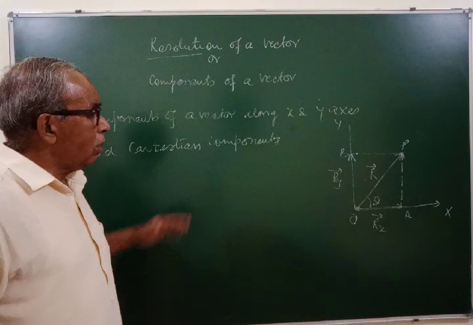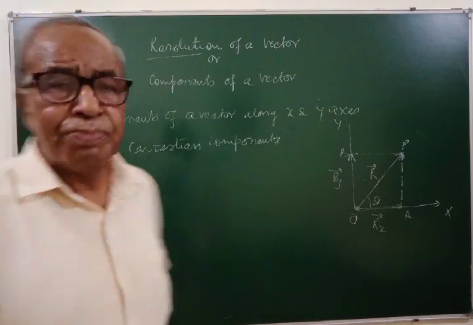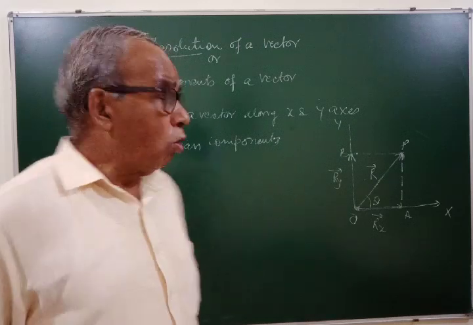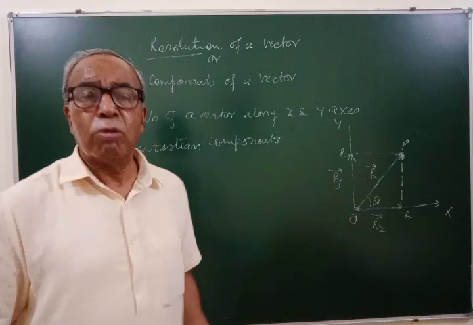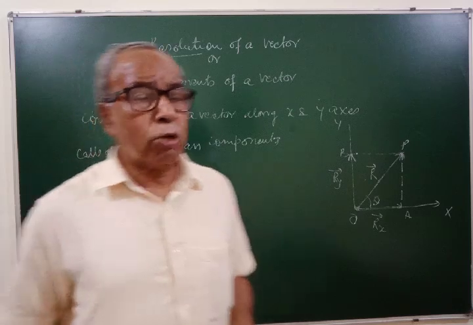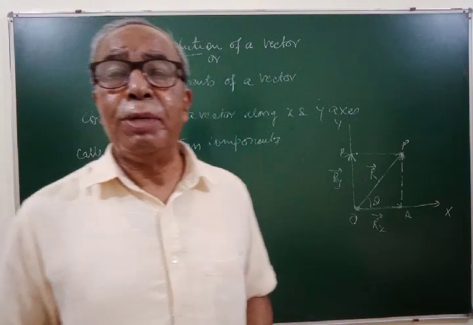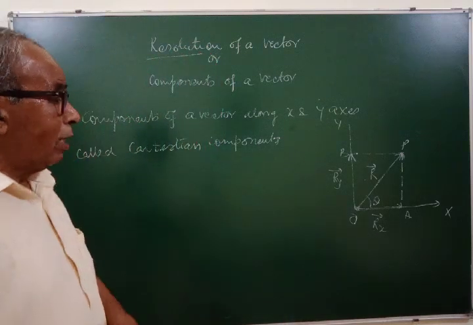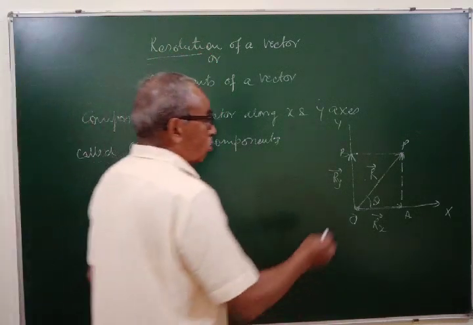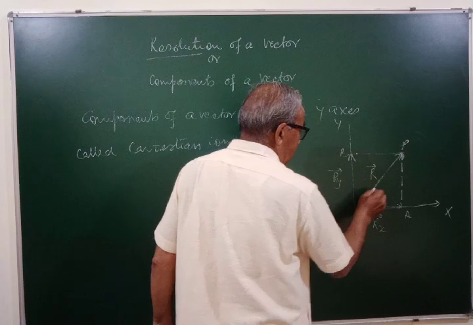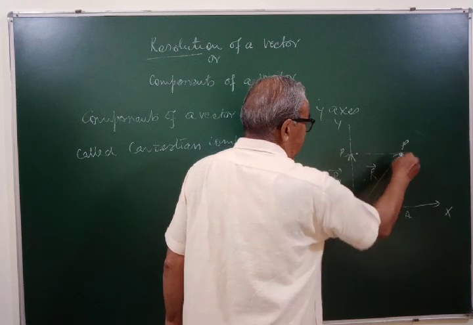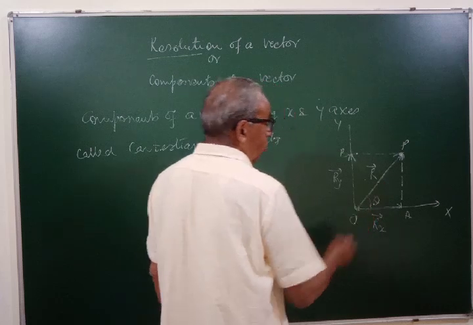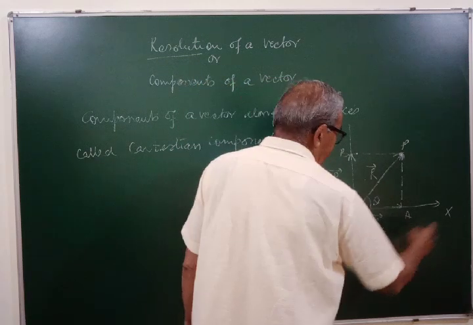I think there is no need to write anything on the board. You can listen to me and make your own notes or read the book. My purpose here is to explain the meaning of components of a vector and how to obtain components. So simply, I told you that it is vector OP, which is vector R. We want to find two components of vector R along x and y axis.